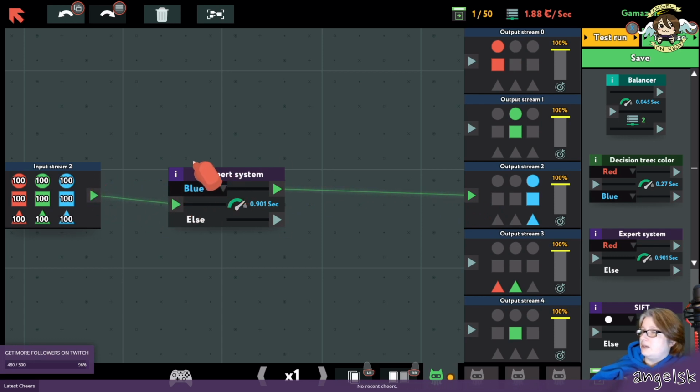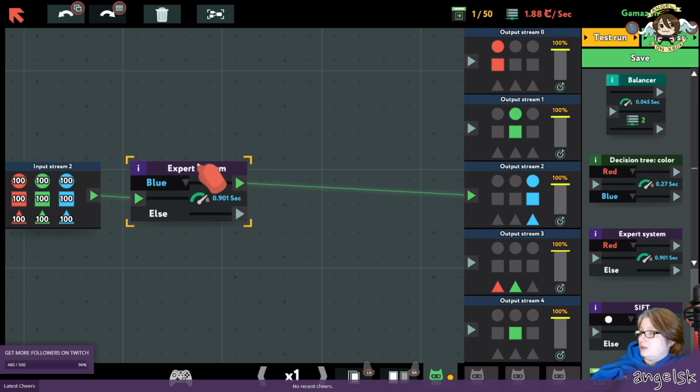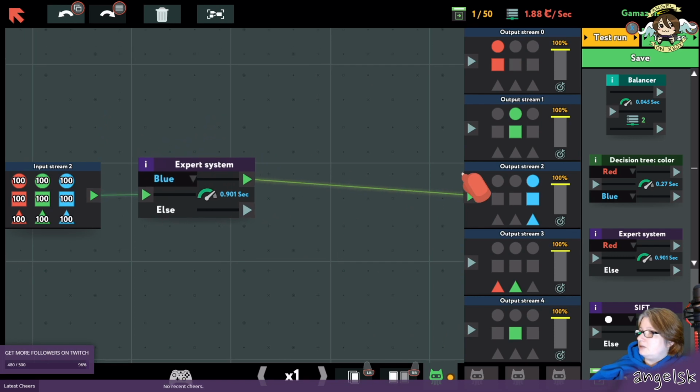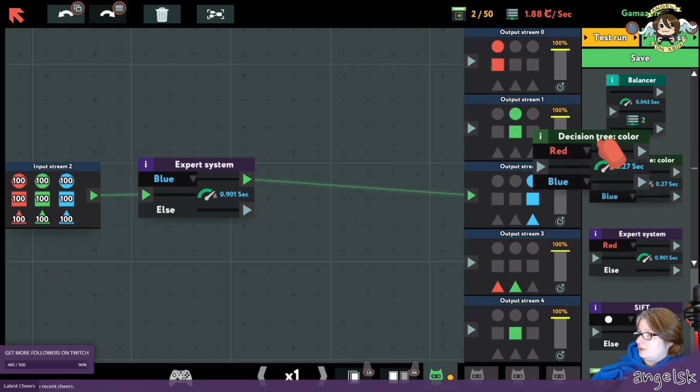That's going to bottleneck. We will sort that out in a minute. Blue or else. And then else is red and green, which we can then put in a decision tree.